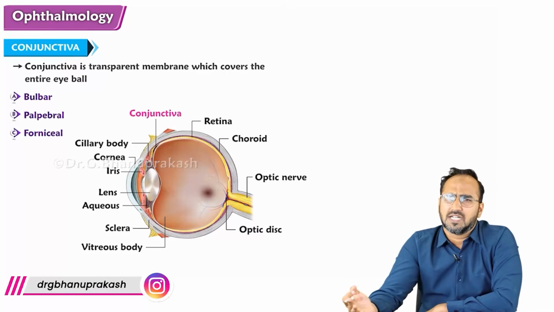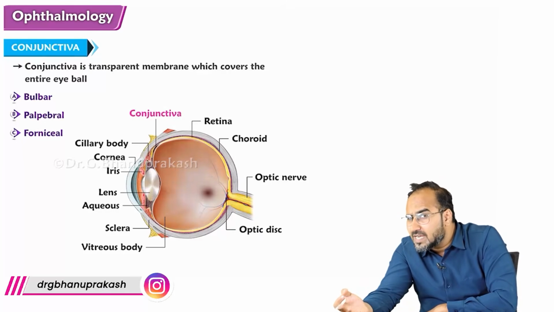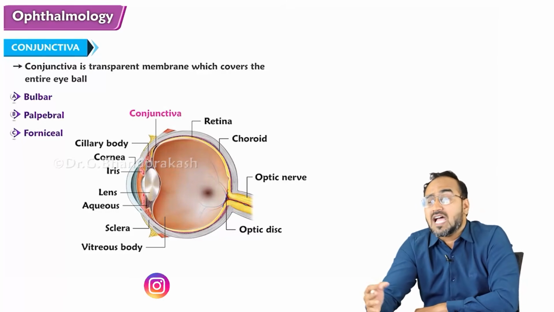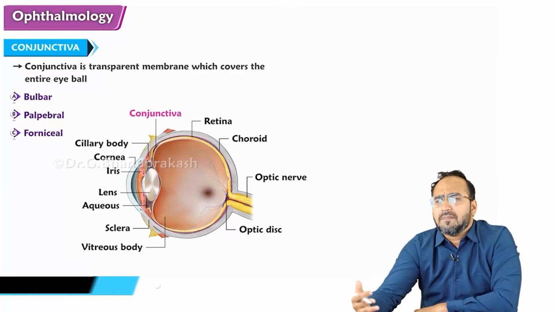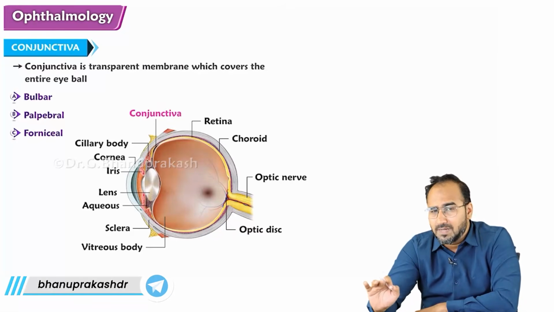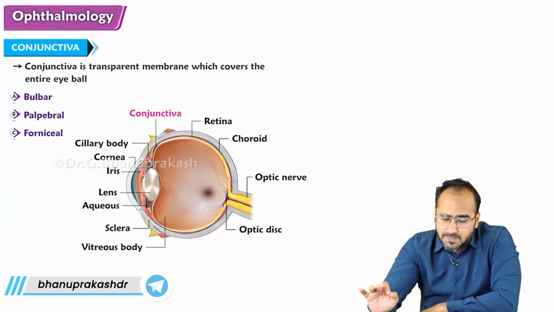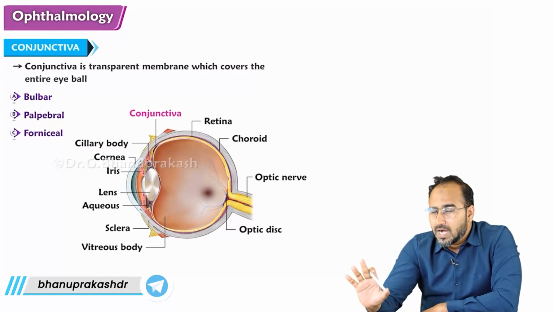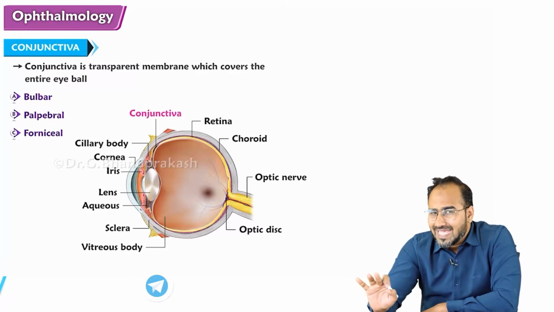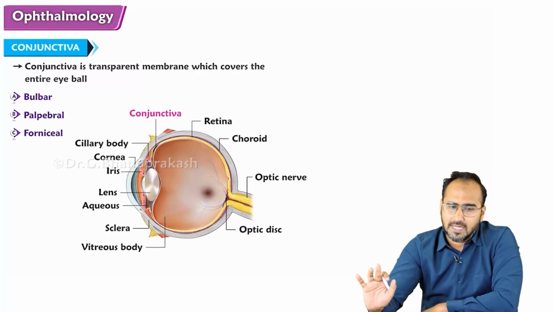There are many types of conjunctivitis: true membranous conjunctivitis, pseudo-membranous conjunctivitis, angular conjunctivitis, swimming pool conjunctivitis. There are many other forms, but remember, conjunctiva is a transparent layer of film that covers most of the eyeball except for the cornea, right?